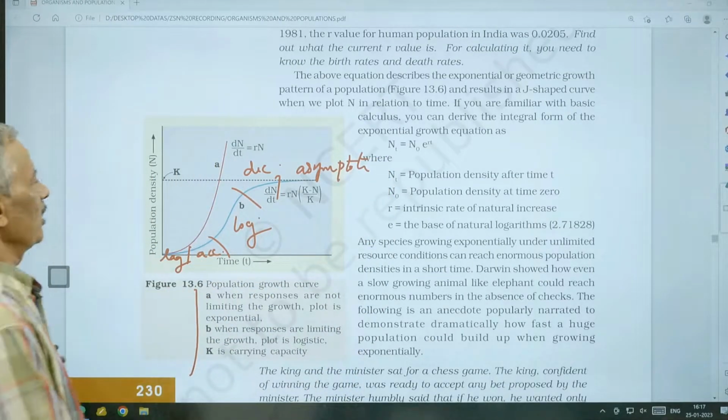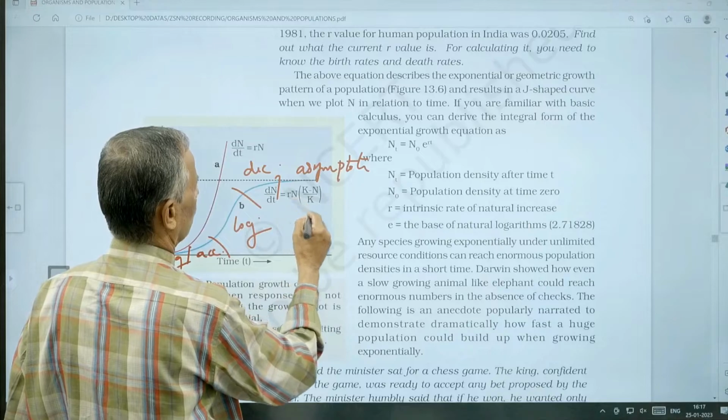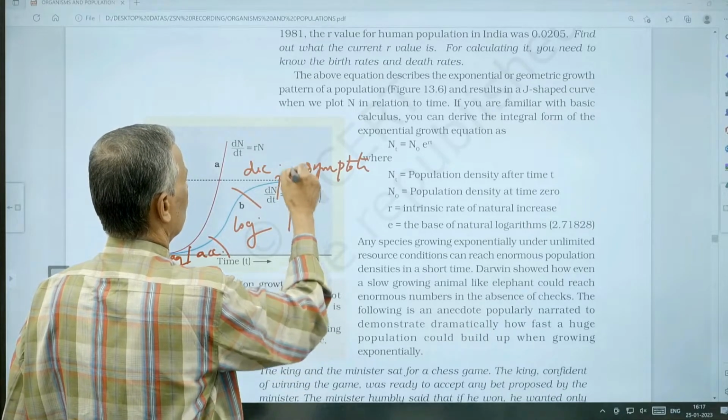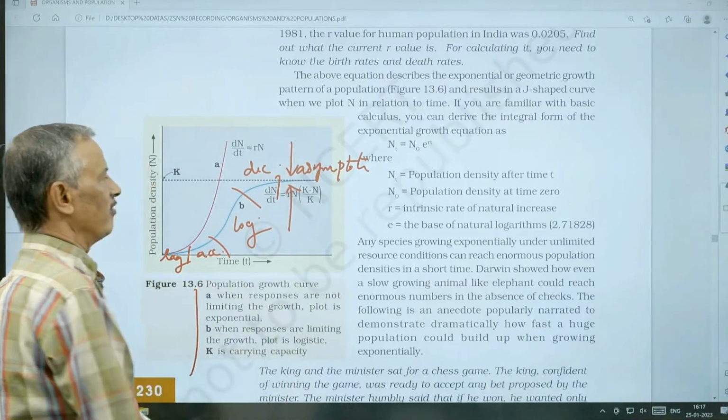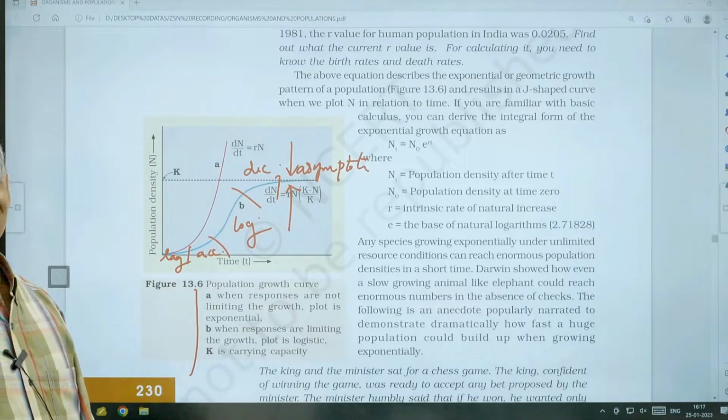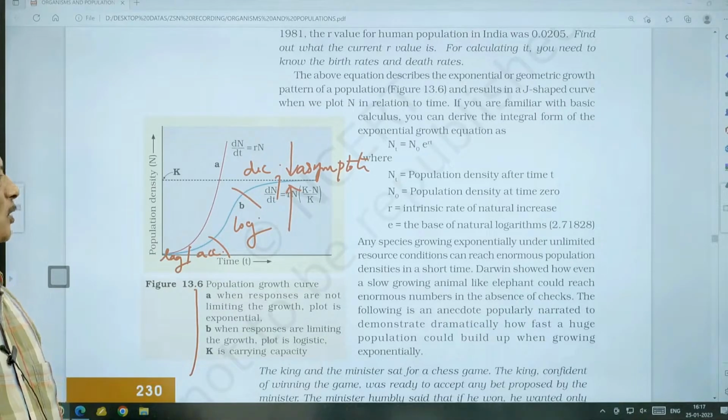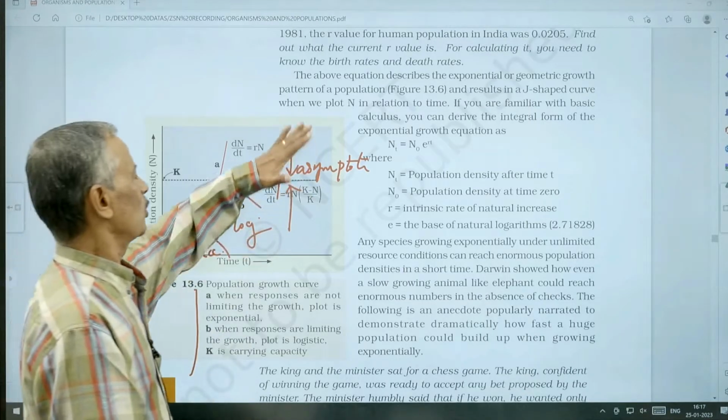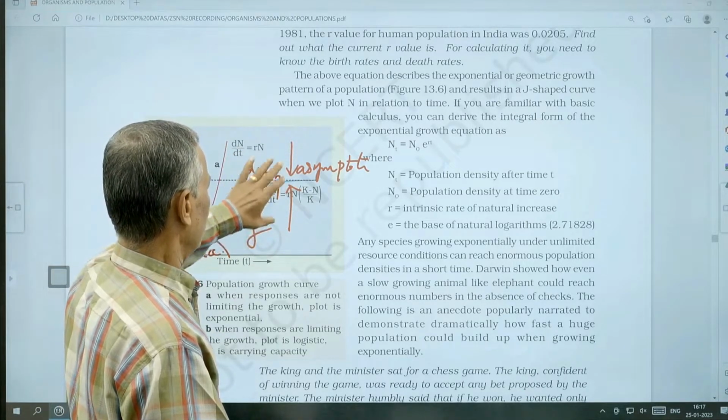At that time, you have reached the biotic potential equal to that of the environmental resistance. So, biotic potential and environmental resistance become equal at that level. So, population cannot grow or will not decline much.